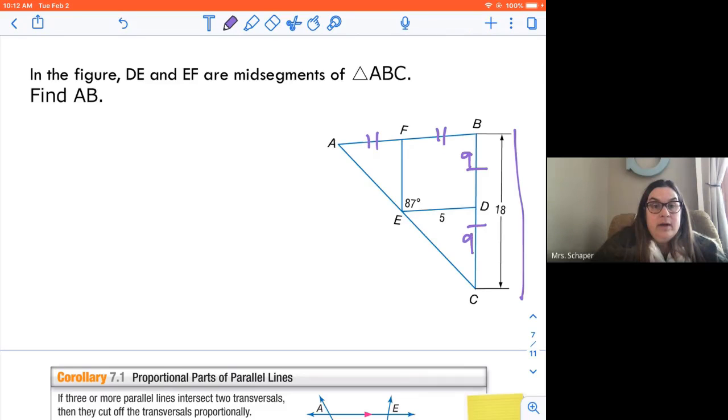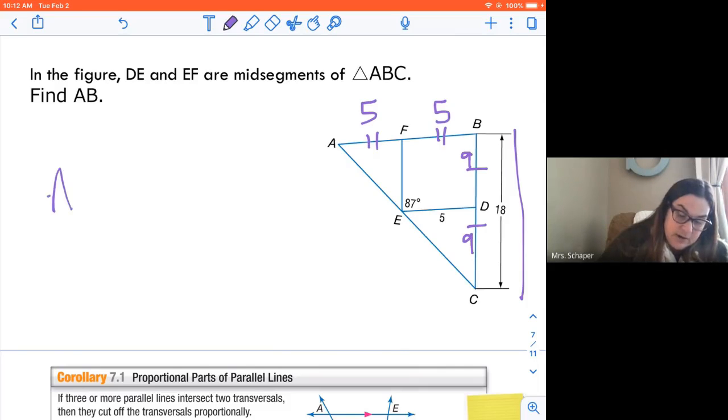We know that EF is a mid-segment, which means AF and FB are the same measurement. So because ED is 5, FB is 5, which makes AF 5. So the measurement of AB is 10.